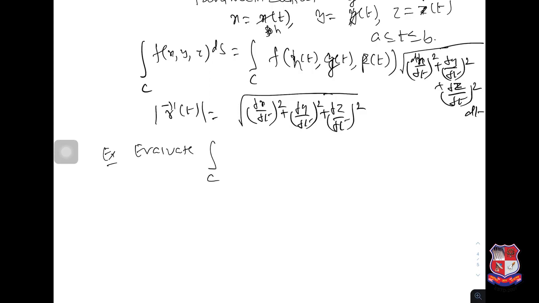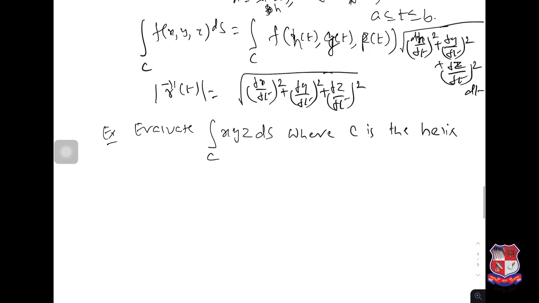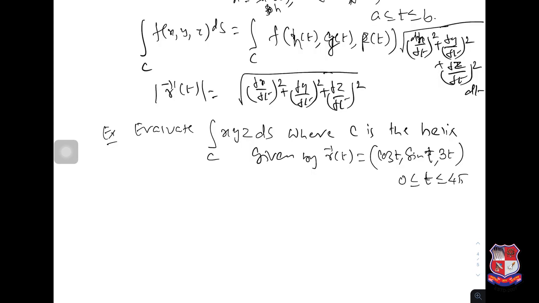Evaluate the line integral along C of x, y, z ds, where C is the helix given by r of t equal to cosine t, sin t, 3t, and t lying between 0 to 4 pi.